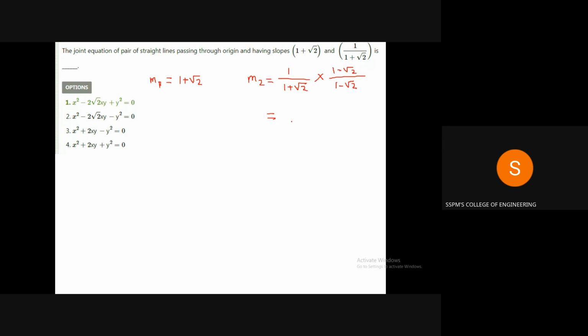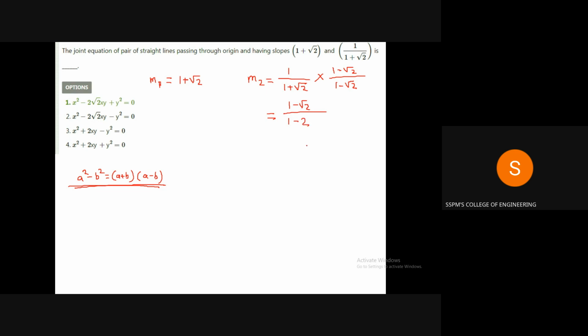What will its simplification be? 1 minus root 2 divided by this: 1 into 1 minus root 2 is 1 minus root 2, and what is 1 plus root 2 times 1 minus root 2? Here we will apply a square minus b square is equal to a plus b times a minus b. Okay, we will use this algebraic expression. What do we get here? 1 plus root 2 times 1 minus root 2 is in the form of a plus b and a minus b. So 1 square is 1 minus root 2 square is 2.